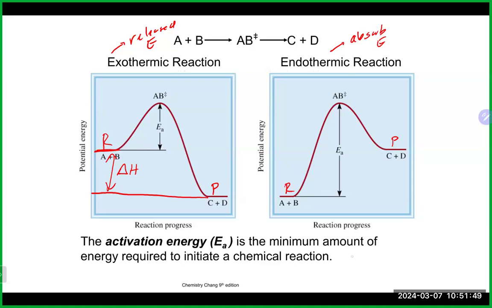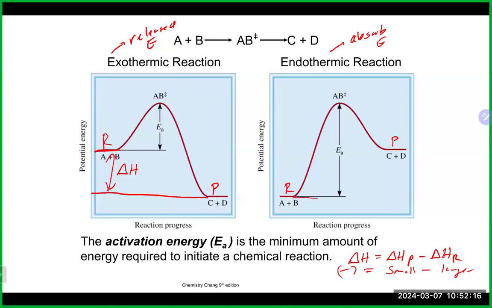As you remember, delta H of the reaction is delta H of our products minus the delta H of our reactants. And in this case, our products are lower in energy than our reactants, which means this number here is going to be smaller than this number, which means that will give you what type of sign for delta H in an exothermic? Negative. That's why we end up with a negative value. Same thing here.